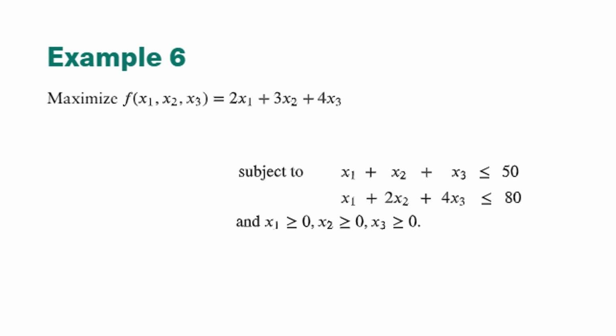Now here's a three-dimensional problem, and the geometry is a little harder. Here we're to maximize f of x1, x2, x3 equals 2x1 plus 3x2 plus 4x3, subject to these two linear constraints and these three non-negativity constraints.